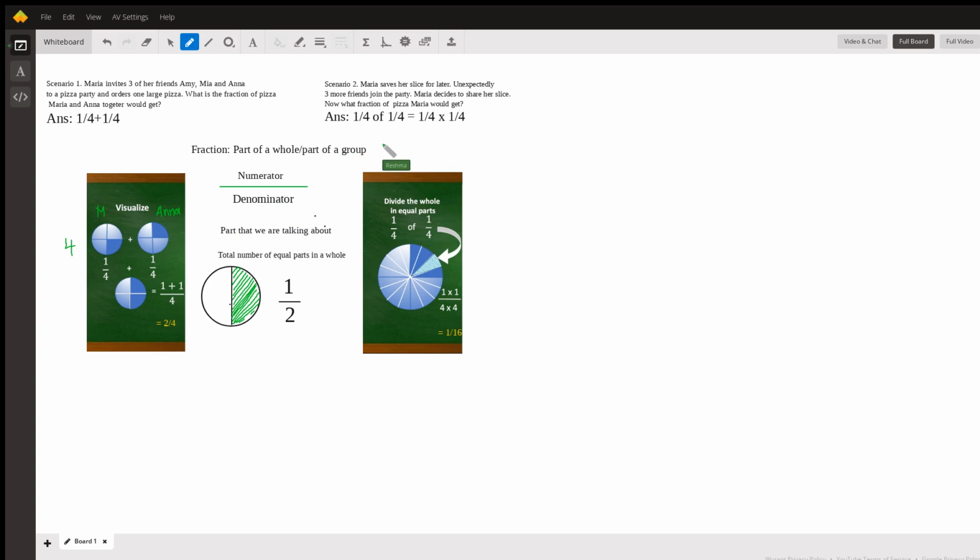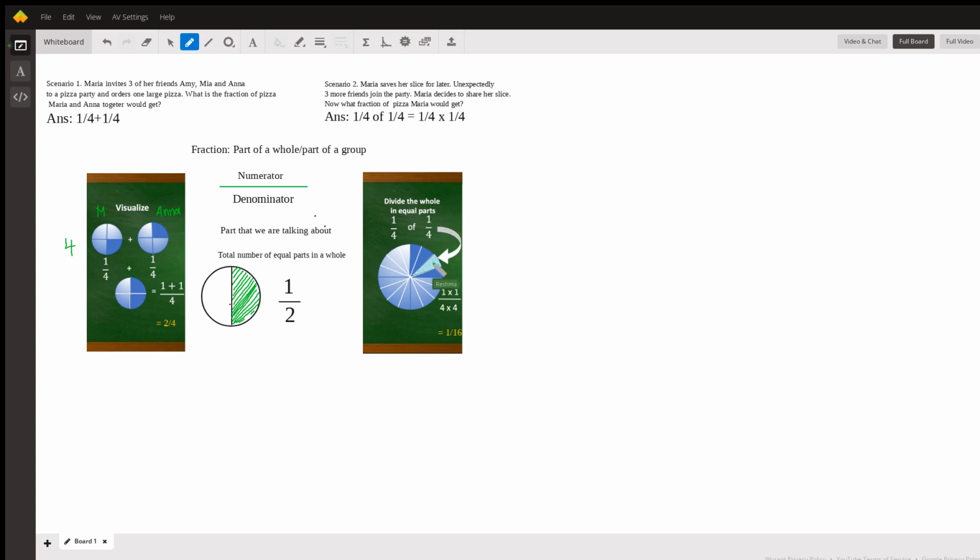Now another 3 join, which means there are another 4 of them. So Maria wants to share her 1/4 slice of the pizza with the other 3 friends. How much is each one going to get? Again, we have four people to share that 1/4, so it would be 1/4 of 1/4.